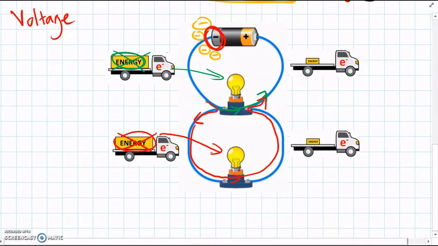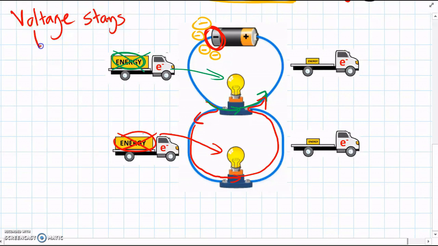So actually, in a parallel circuit, each load or each resistor is receiving the full amount of energy from each electron. So in other words, the voltage is the same as it would be if we just had one light bulb.